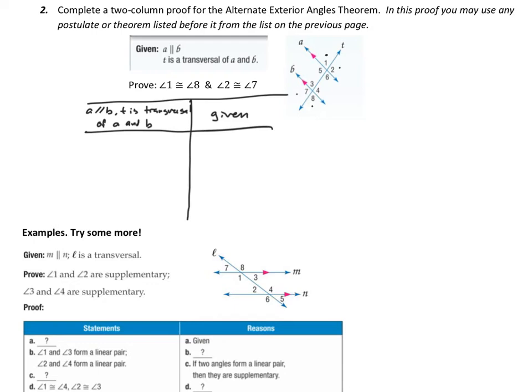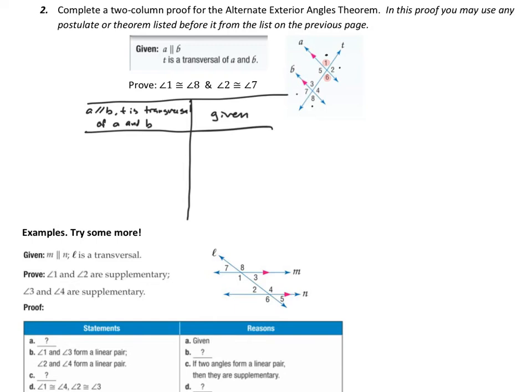Now, something that I noticed, because you're always trying to compare information that I have with information that I need. So I know that angles 1 and 6 are vertical. Let's just connect dots here. And then I need to get angle 1 to angle 8.